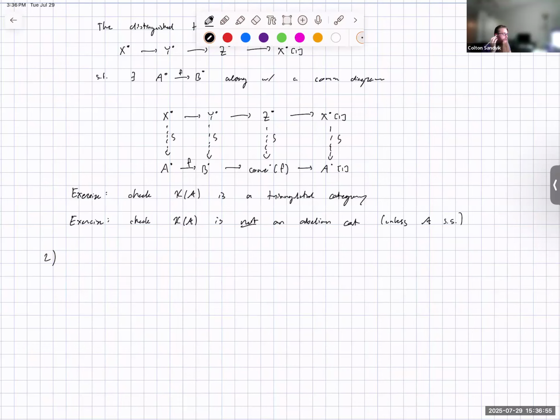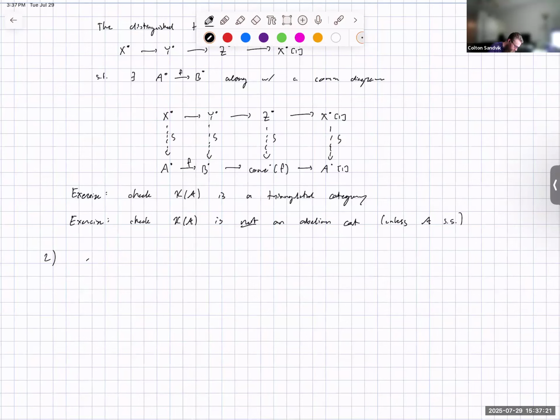We still do not have that every object is isomorphic to a projective or injective resolution of that object. So what we want to do is to somehow invert the maps that behave like that.